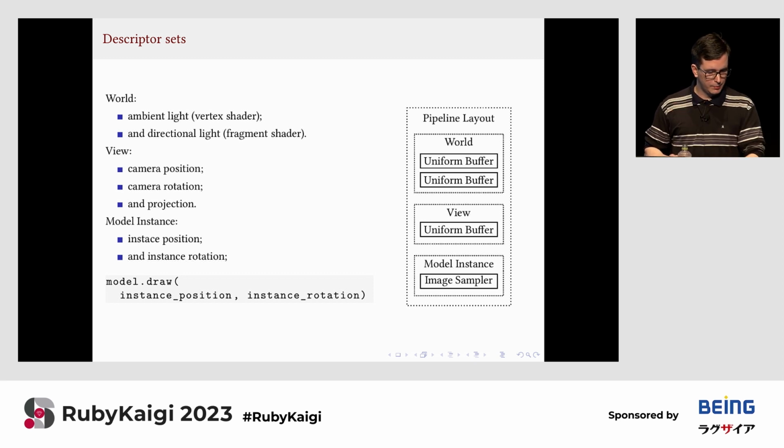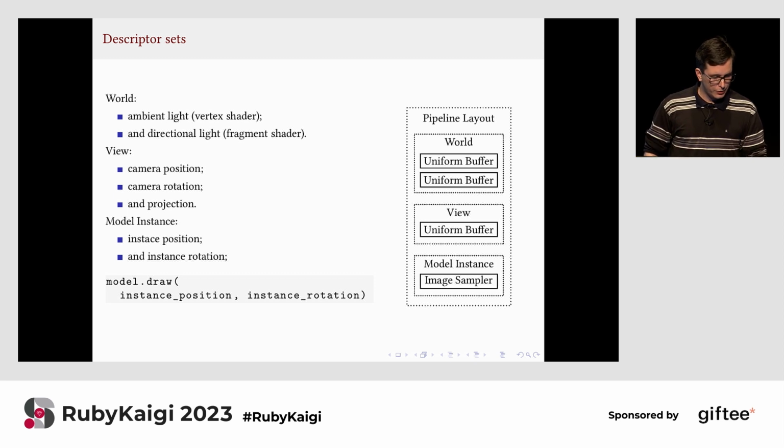In the example I gave in the beginning, we have the world, which is something that every single 3D view has. That is, for example, ambient light that comes from all directions. Directional light is a light that comes from just one direction. This is why, when the cube was rotating, one face was always brighter: because of this data.